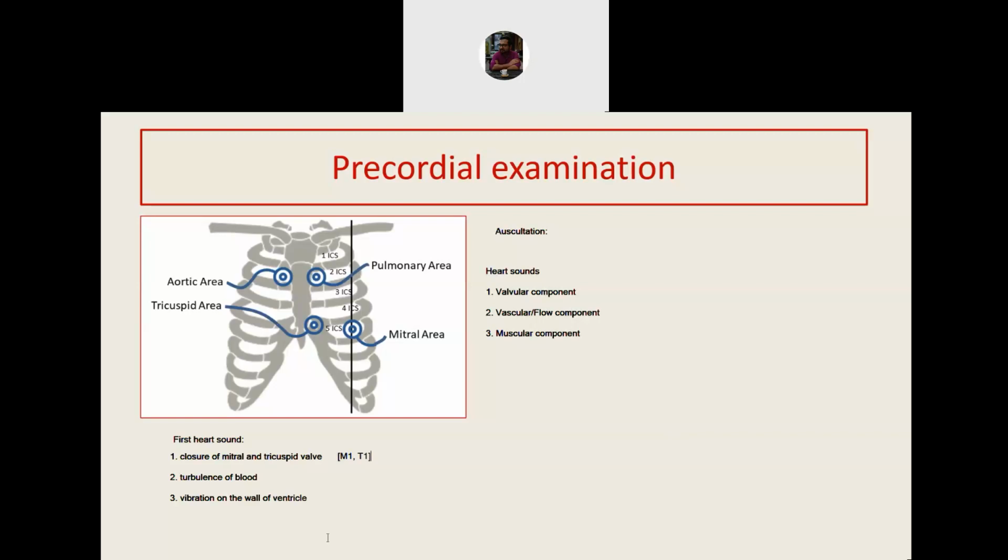In contrast, if we now discuss how the second heart sound is created, it also has three components. The valvular component is closure of the aortic valve and pulmonary valve.